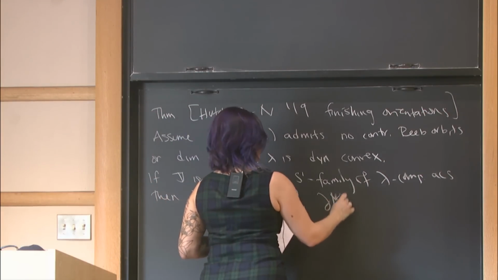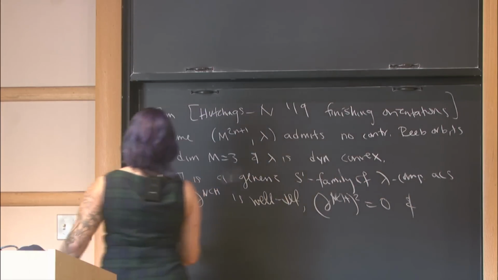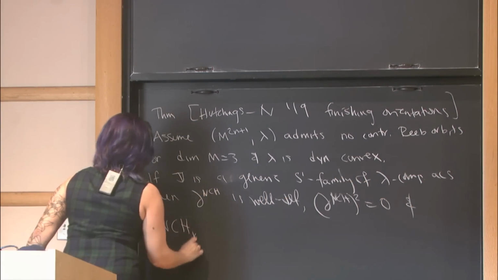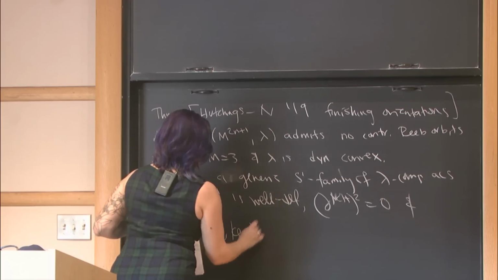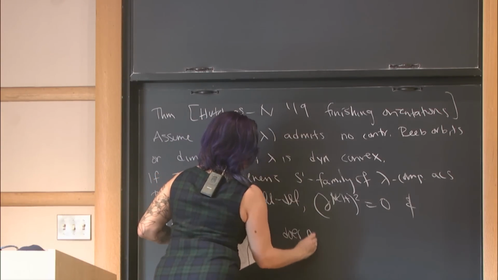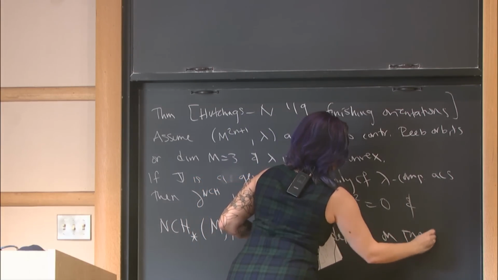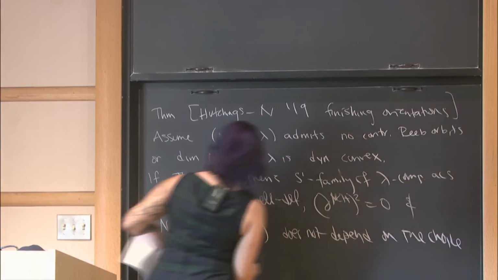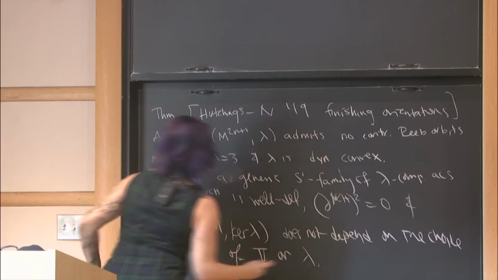It squares to 0, and the resulting homology only depends on the kernel of the contact form, so it does not depend on the choice of J or lambda. Okay.